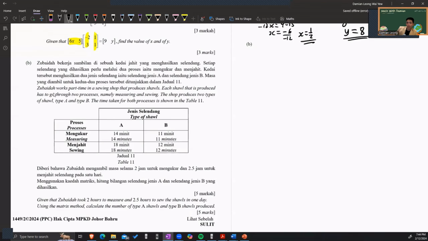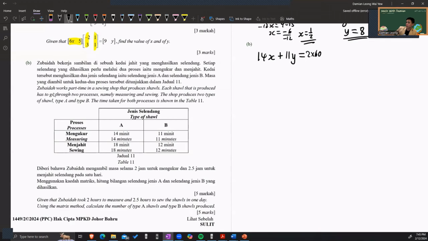So this is basically solving simultaneous equation, okay, using matrix method. So we form the 2 equations first. 14 minutes times x number of type A shawls plus 11 minutes times y number of type B shawls equals to a total of 2 hours. 2, we have to times 60 minutes because this is in hours.